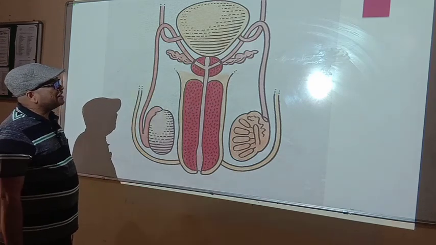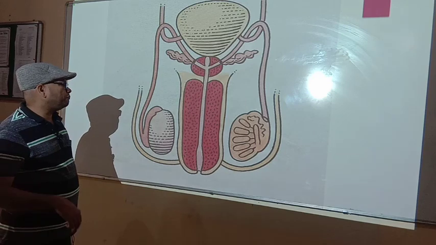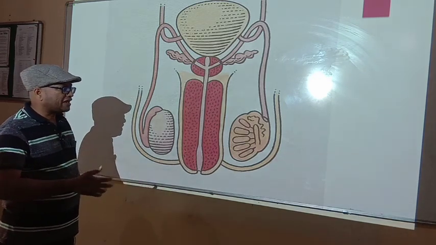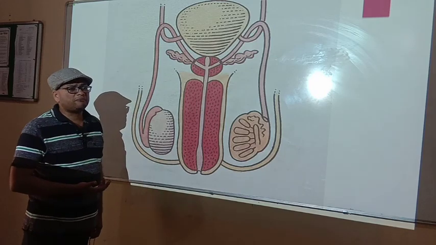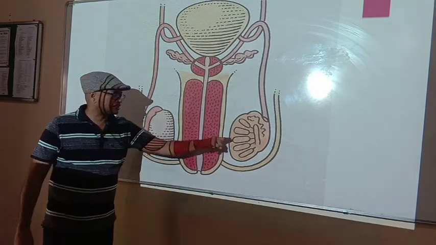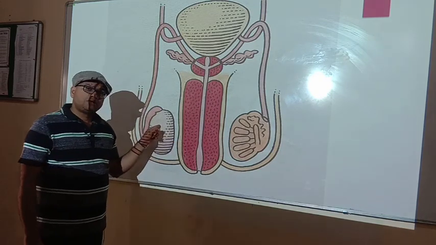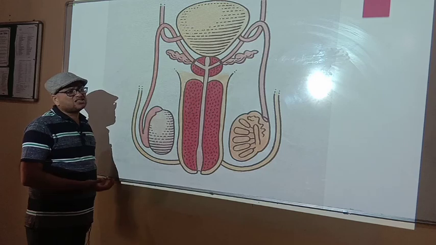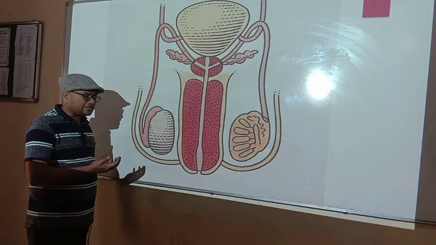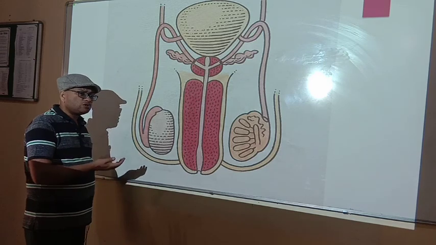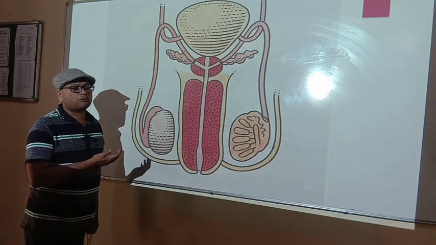Firstly, the male reproductive system has a pair of main reproductive organs, called the testes. These two are the testes. Testes are located inside the scrotum that hangs just below the abdomen of our body.